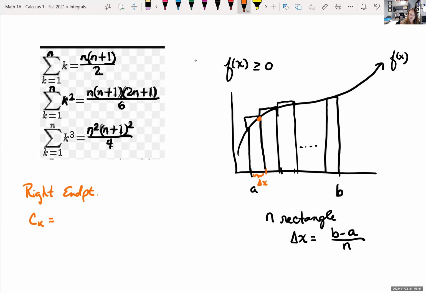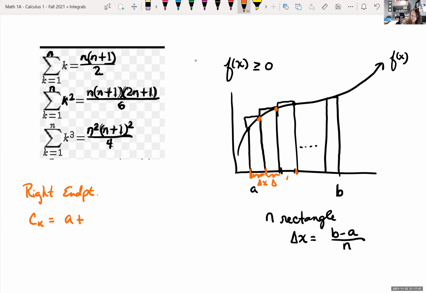To get to this first one right here, this would be my A value where I'm starting, A plus delta x. But let's say I wanted to get to the second endpoint right here. I'd have to do A plus delta x to get me right here. So it depends on how far I want to go over.